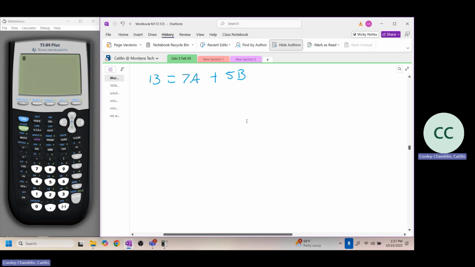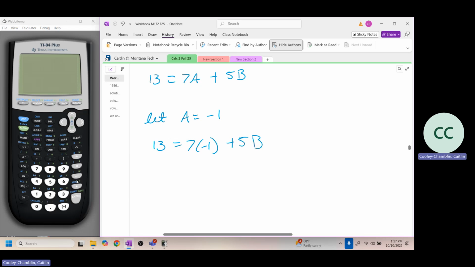So let's let A equal -1. If we do that, we get 13 equals 7 times -1 plus 5B.